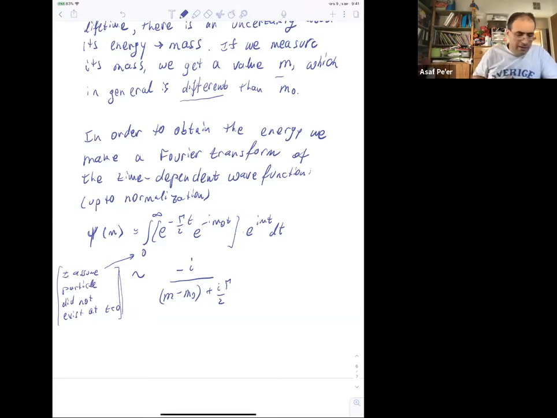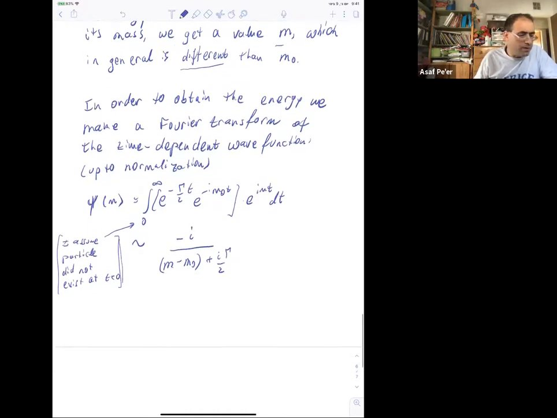So in order to get the probability distribution to measure a mass m, we simply need to take this wave function and multiply by the complex conjugate.